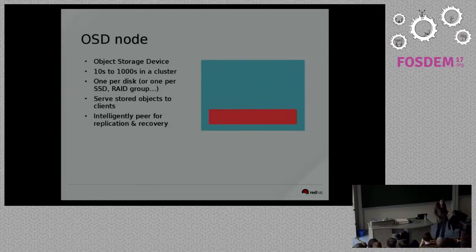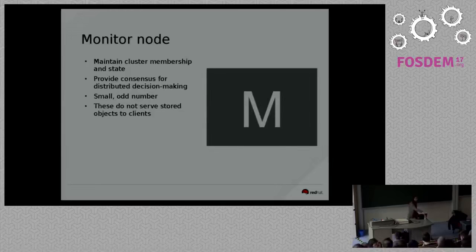There's no reason to do additional replication in the storage layer. And the main thing it does is serve the object to the user. It's a smart storage node. That means it does peering, and in case of a failure, it does the recovery automatically. The OSDs are talking with each other and will replicate the needed data, or if a new node comes, it will rebalance the storage.